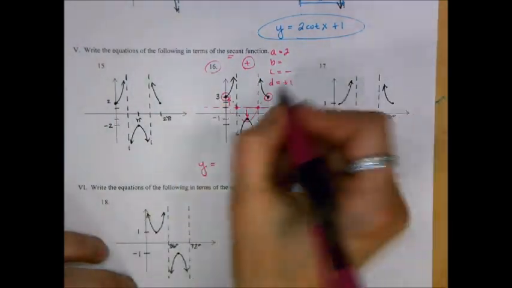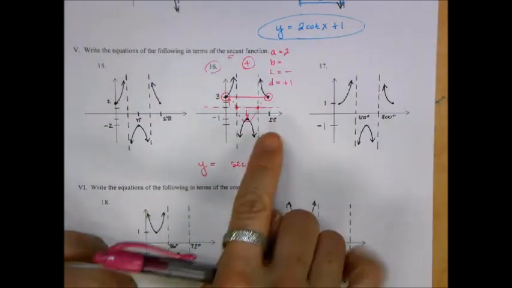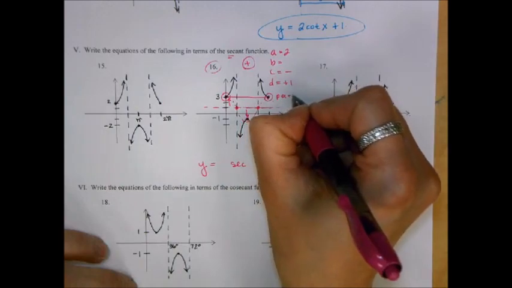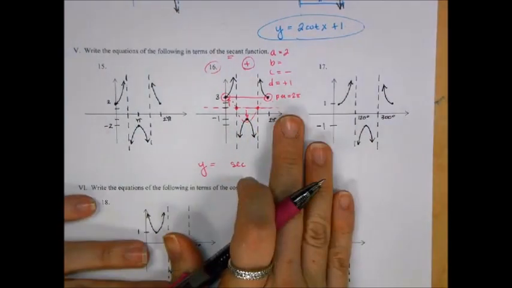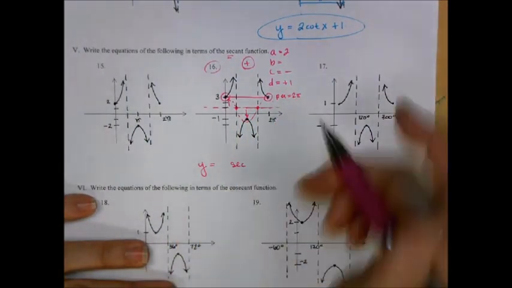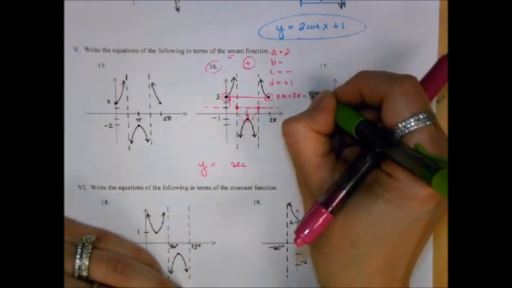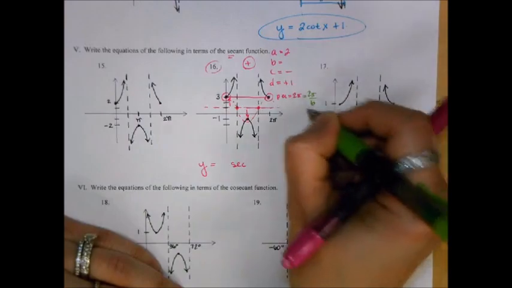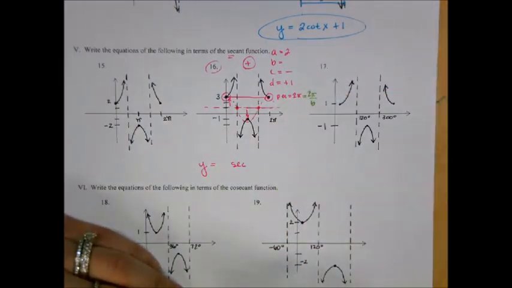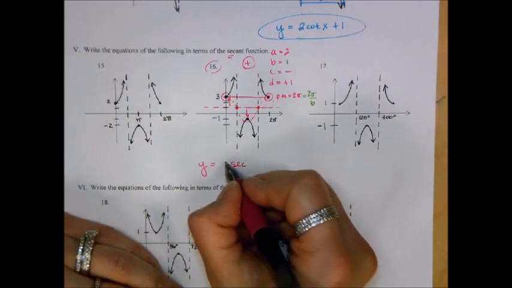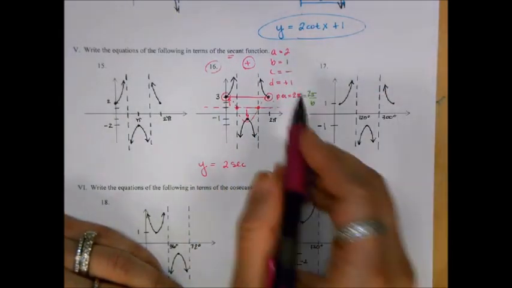So the period is still 2 pi, and just like it is for cosine, 2 pi over b. So b is 1, but if you'd like to see that by writing the equation, you can solve for b to get 1. So I'll have 2 secant, 1x, not shifted left or right, so just one x, and then a plus 1 here.